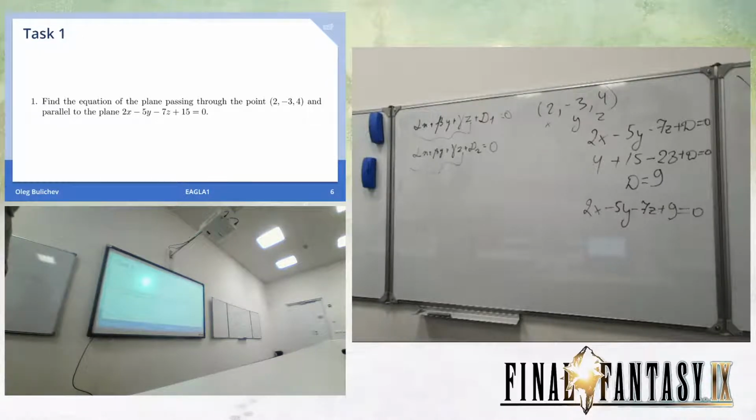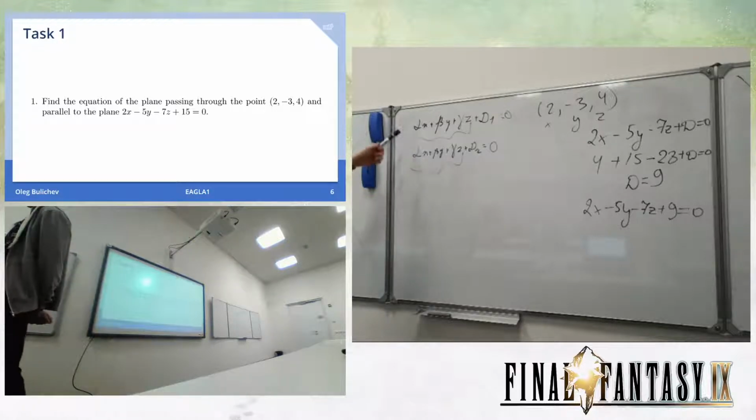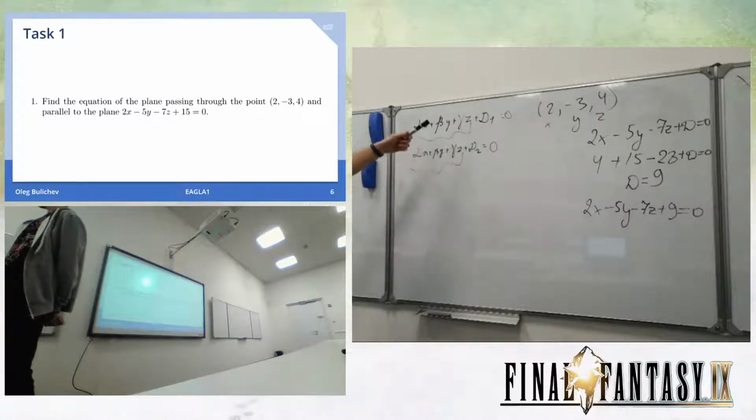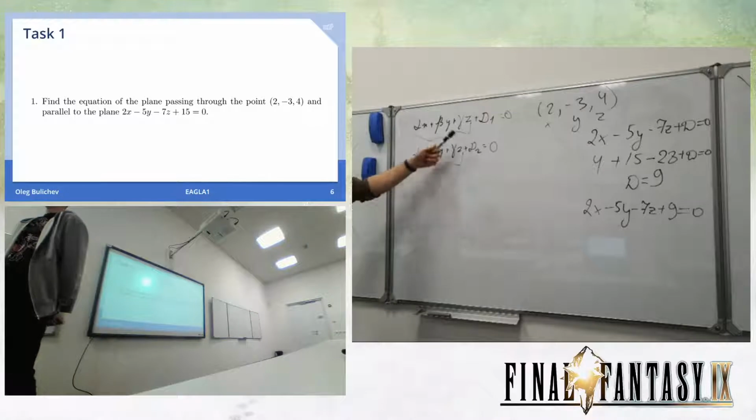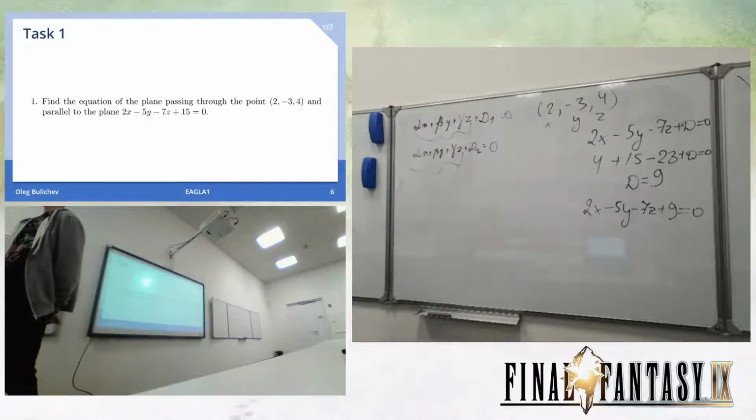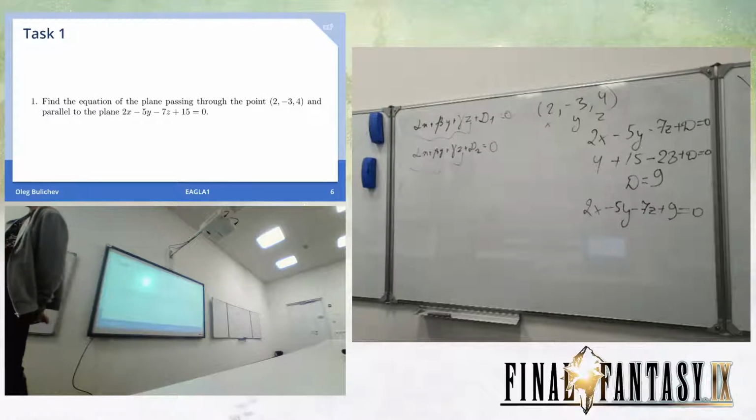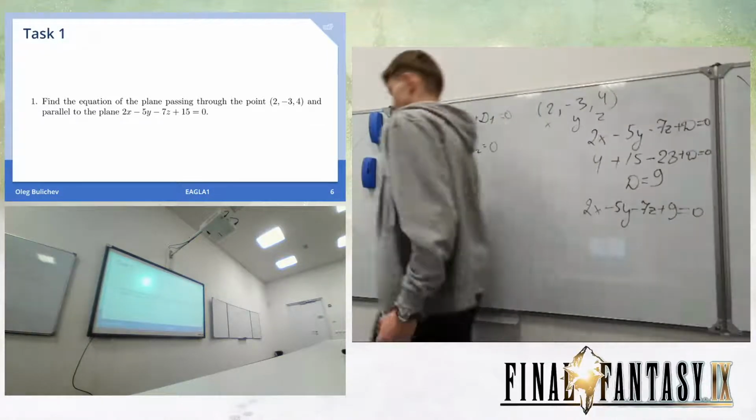Somebody didn't get her point. So again, he put it because the plane contains this point. Also, you know the planes are parallel to each other, so only d is different. So we have two equations, and we solve this task. So, clear? Yes. Okay.